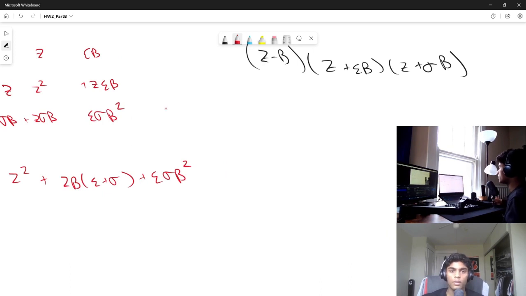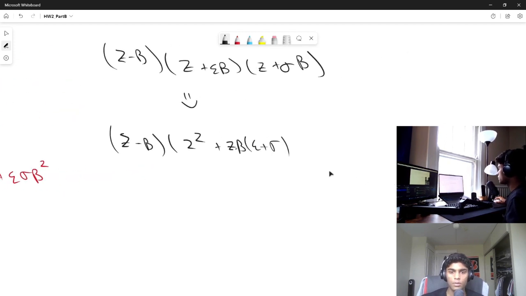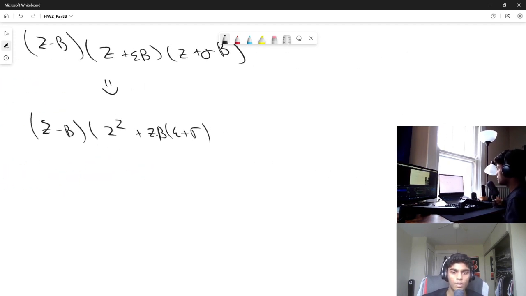So let's go ahead and make that adjustment. Epsilon plus sigma plus epsilon sigma B squared.